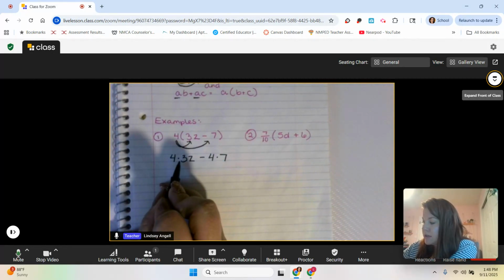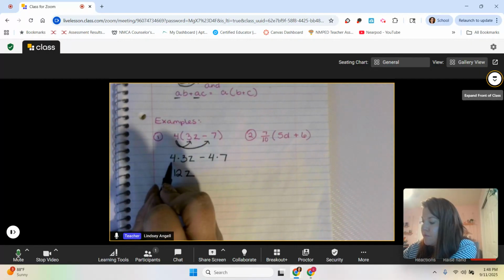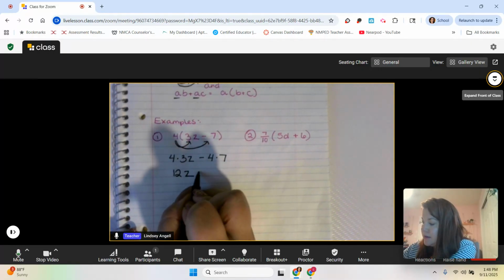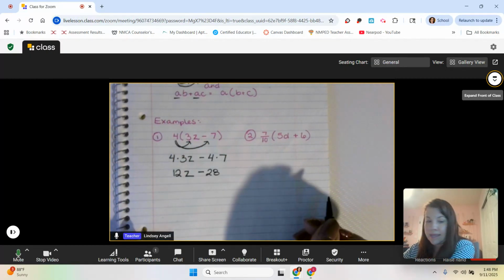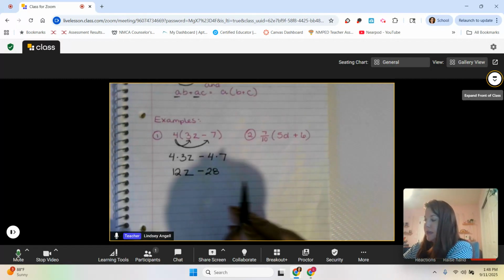Well, 4 times 3z is 12z, right? If I have 4 groups of 3z's, I have 12z's, minus, and then 4 times 7 is 28. That is as close as I can get it without knowing what z is equal to. That's as simplified as I can get it.